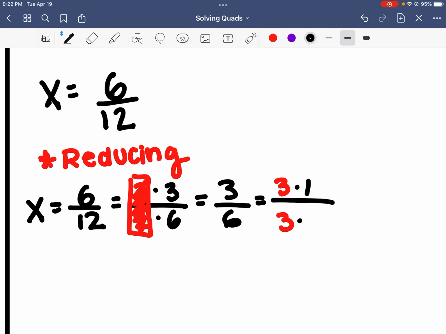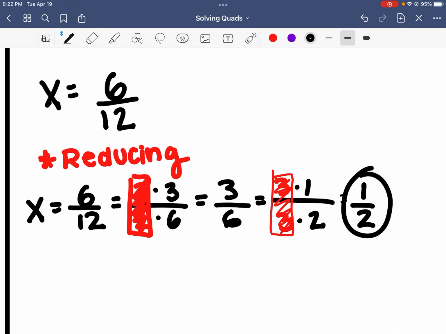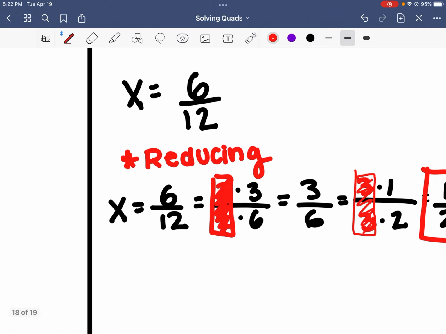And 3 times 2 will give me 6. And I just created another giant 1. Equals 1 over 2. Can I reduce this? I can't because I have a 1 and I have a 2 and both of these numbers are prime. So this is my first answer, 1 over 2.